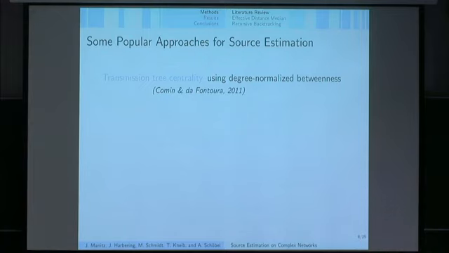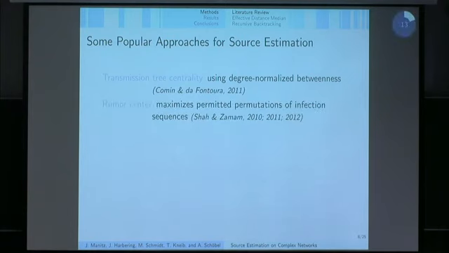That assumes you know the transmission tree, you don't really need the rest of the network, and then you look for the most central node. They found degree normalized betweenness to be the best predictor. A very popular one is the rumor center, which maximizes the permitted permutation of the infection sequences, which essentially breaks down on a tree to a closeness centrality.